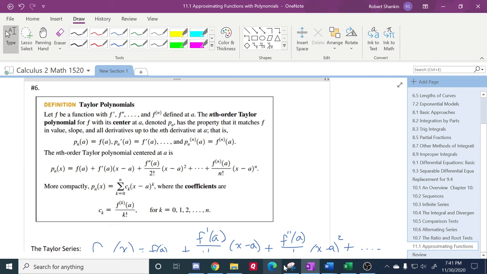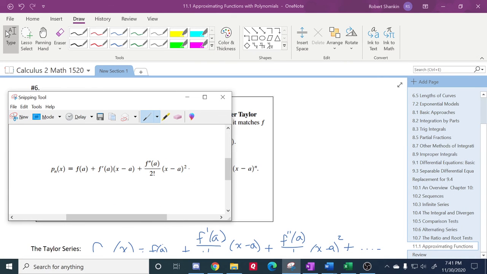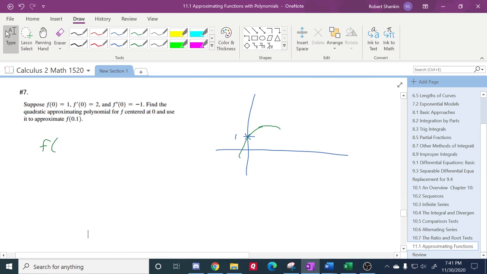So I'm going to take that, right here, and find the quadratic polynomial. We're going to be finding p sub 2 of x.